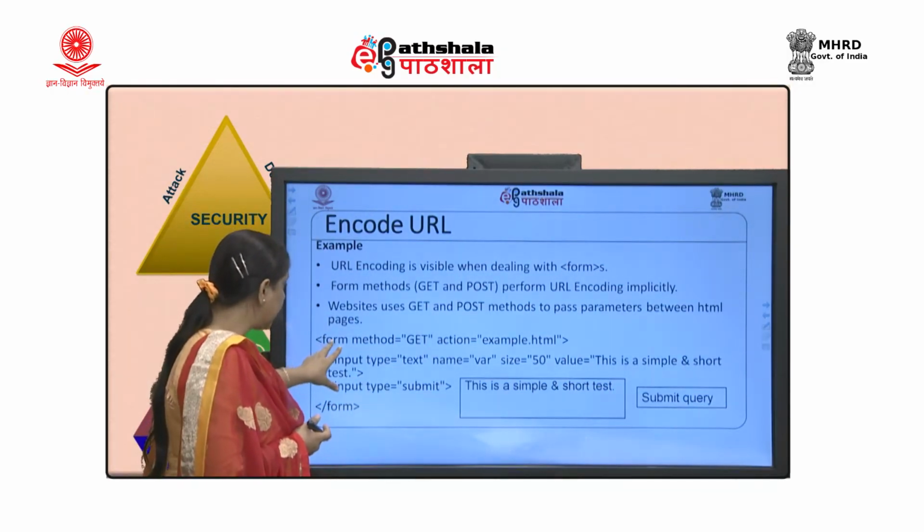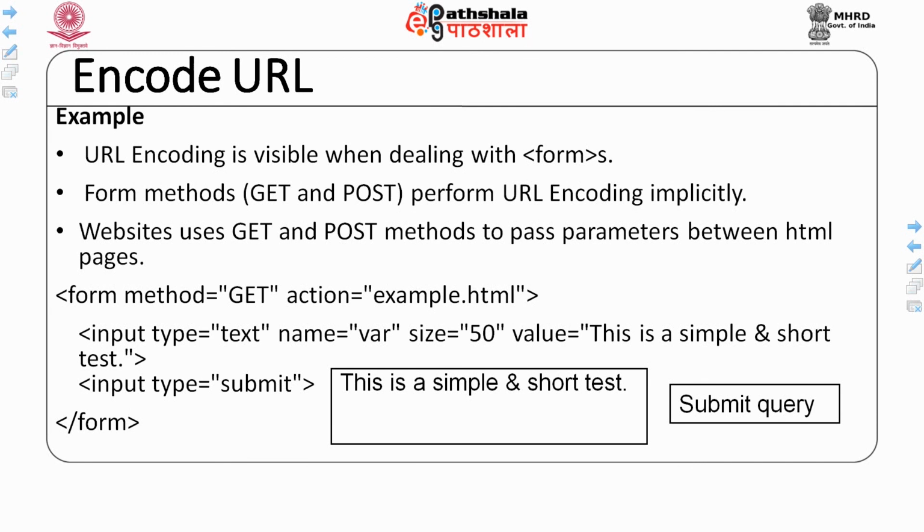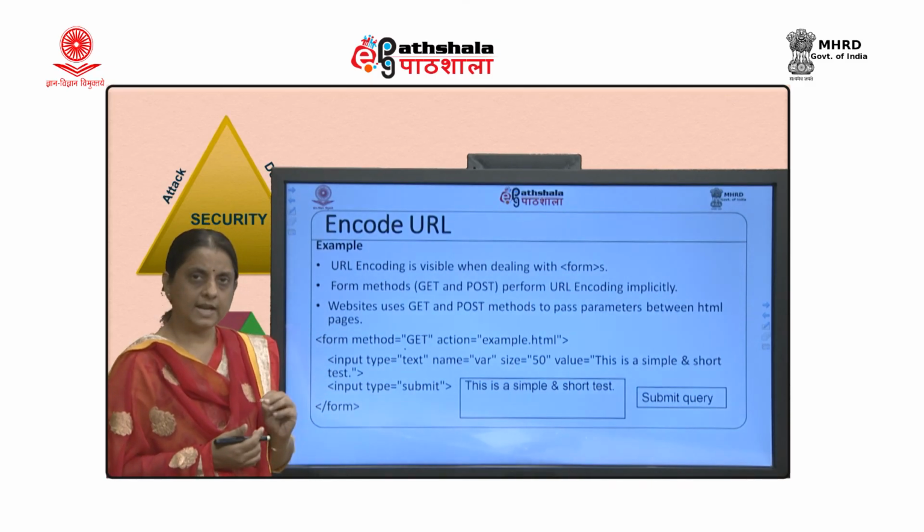So, here is an example. Suppose form method equals get, action equals example.html. It says that from this form you go to the example.html page and take the necessary parameters to this HTML page by the get method. So, what is the difference between get and post?